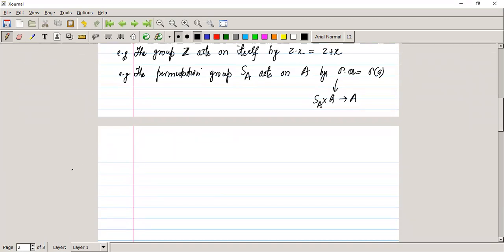Now we move to one more definition, definition number 2, that is stabilizer of a point.